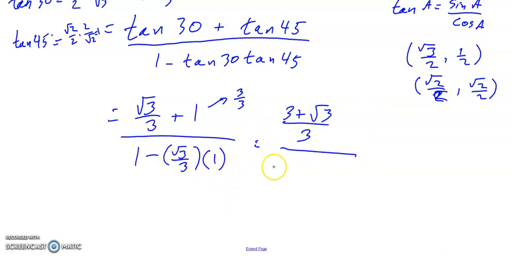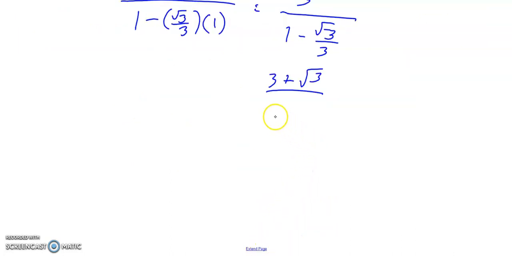This one is going to become 1 minus radical 3 over 3. So again, we're going to have 3 plus radical 3 over 3, all over 3 minus radical 3 over 3.